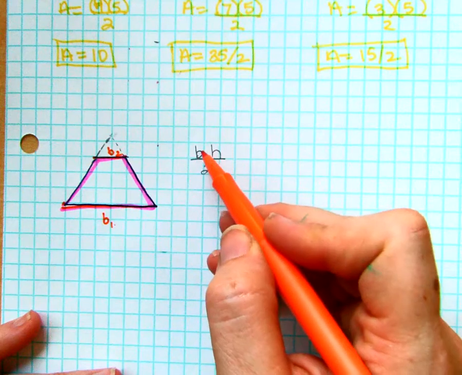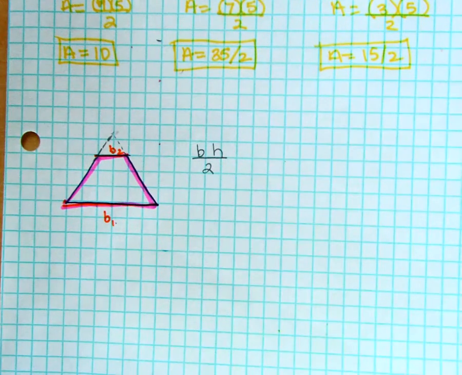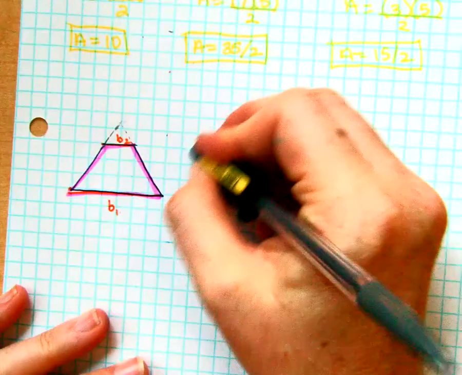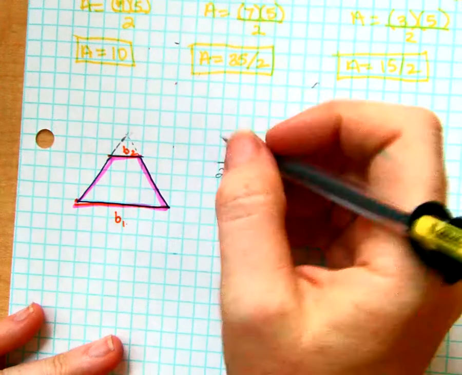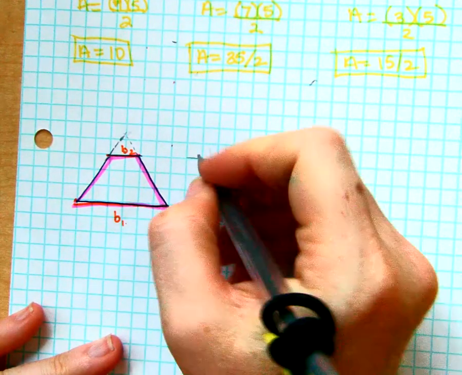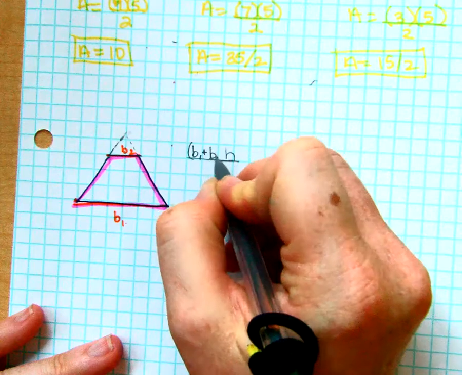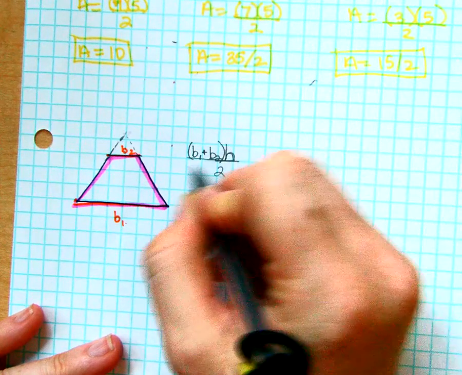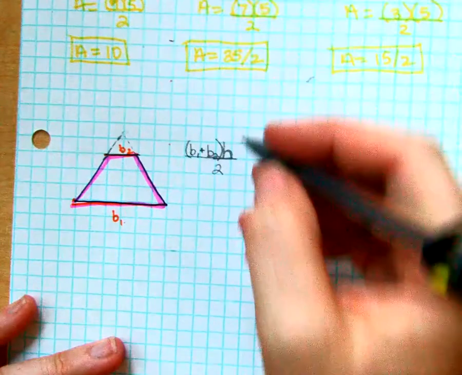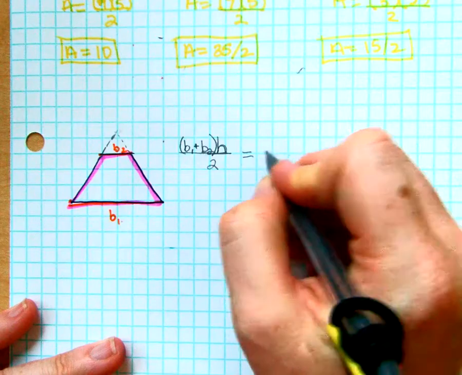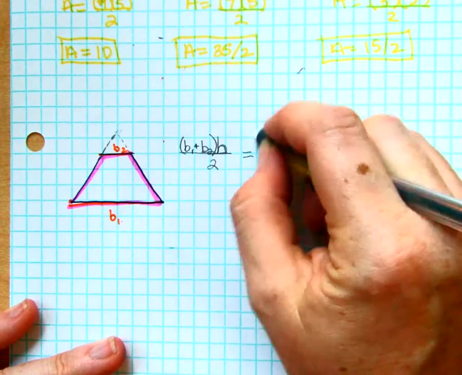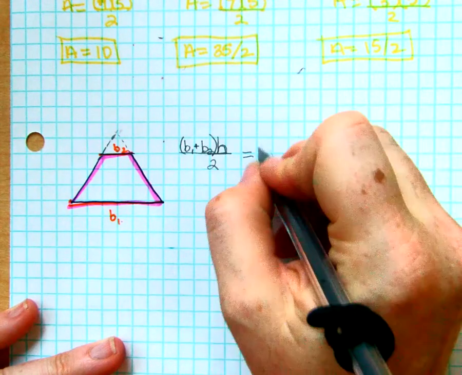So instead of just being base times height divided by 2, there's now not just one single base. We have a top and bottom base, so the formula needs a little adjustment. It's actually base 1 plus base 2 times the height divided by 2. And that becomes the area formula for your trapezoid.